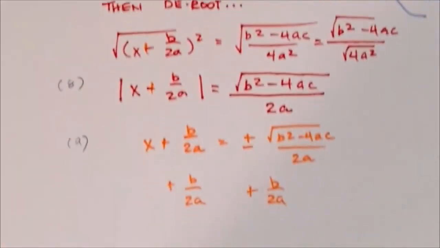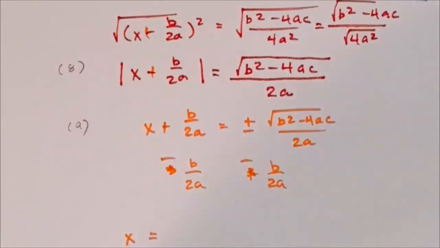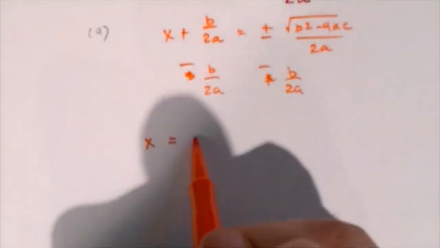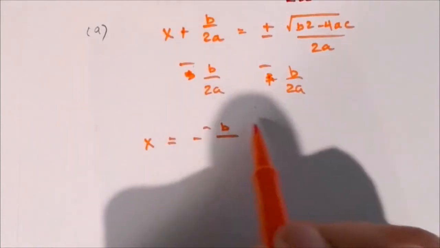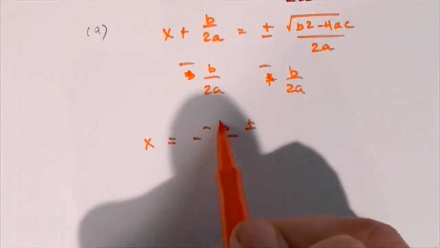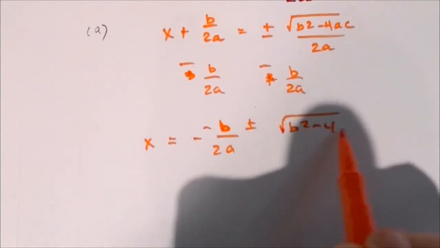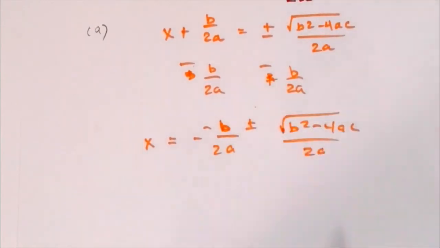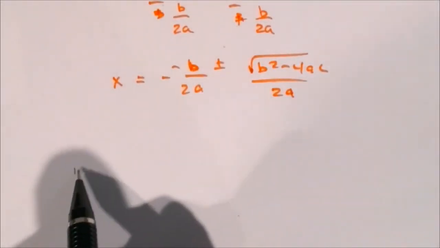This is a plus. This is a minus. So I get x equals minus b plus or minus this. Minus b over 2a plus or minus square root of b squared minus 4ac over 2a. Right? And then from there, that gives me step 10.